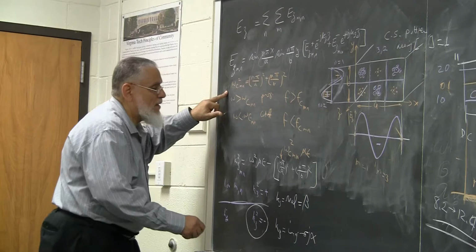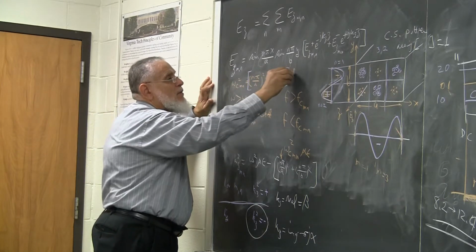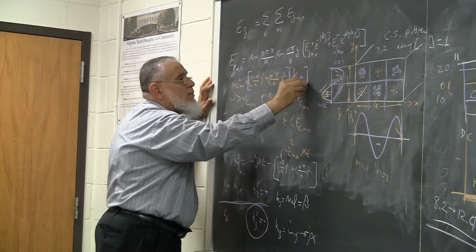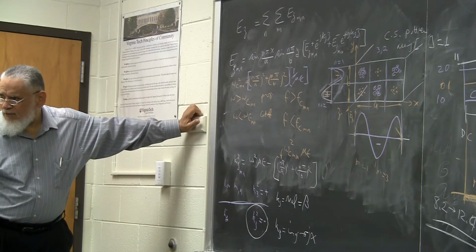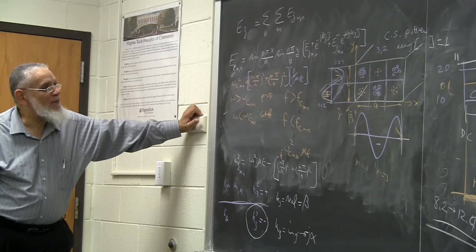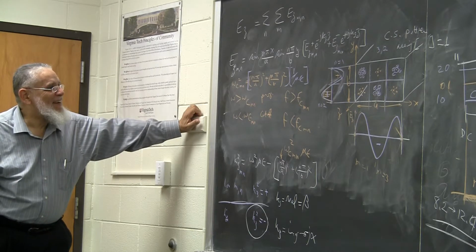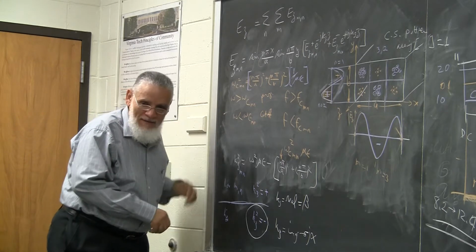We need 1 over mu epsilon in this coefficient. Thank you. That's just going to erase it.